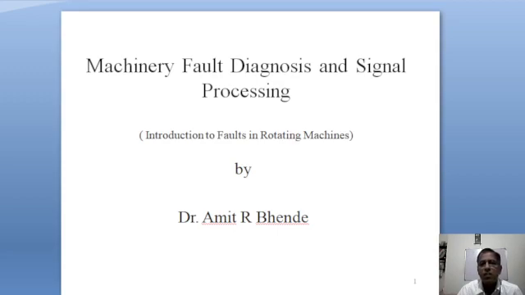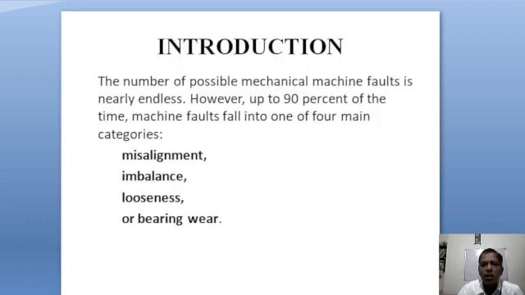Today's topic is introduction to faults in rotating machines. There may be a number of faults in the machines, but 90% of the faults can be categorized into four categories: misalignments, imbalance, looseness, and bearing or gear wear.